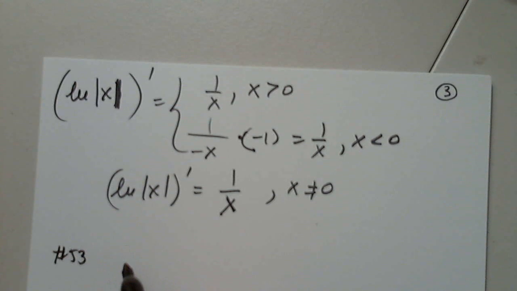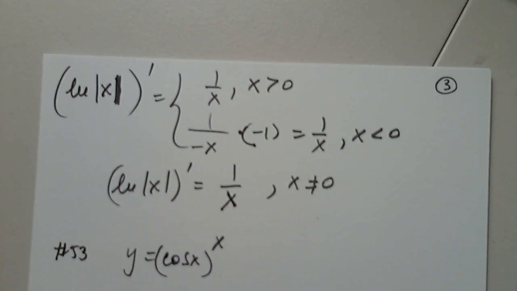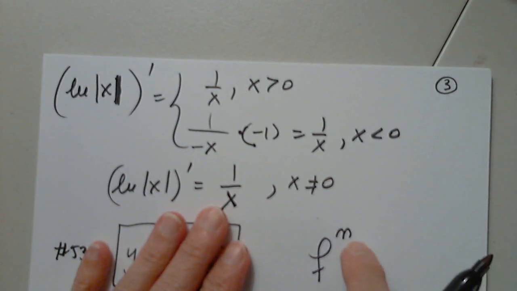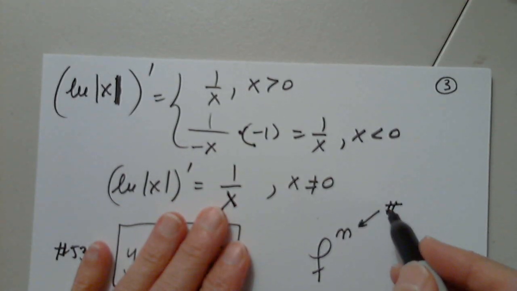And in 53, we have y equals cosine x raised to power x. Perfect. So notice that this is completely new. We have never seen this before. How come? Yes, we've seen a function to power n, a number.